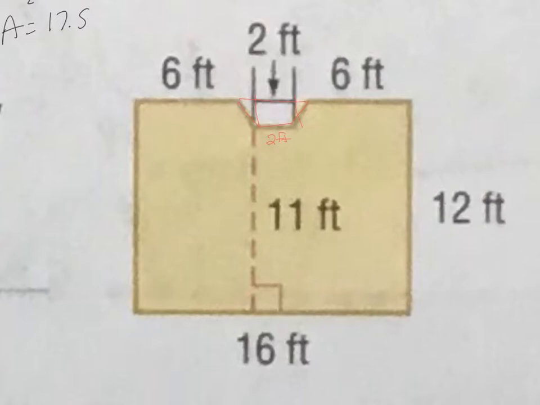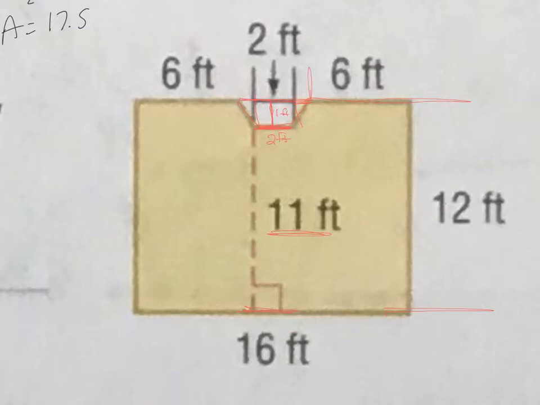Now, from here to here is this 11, but from here to here is 12. So from here to here must be 1 foot. Okay, so now we have this, we have one base, we have the height. Now we just need this other base.